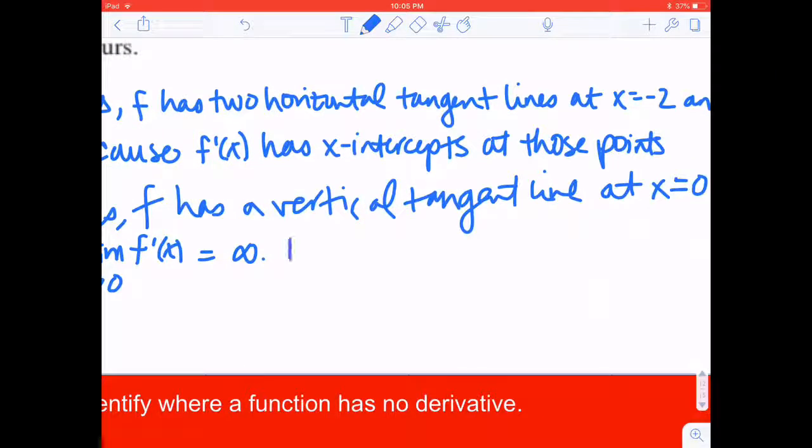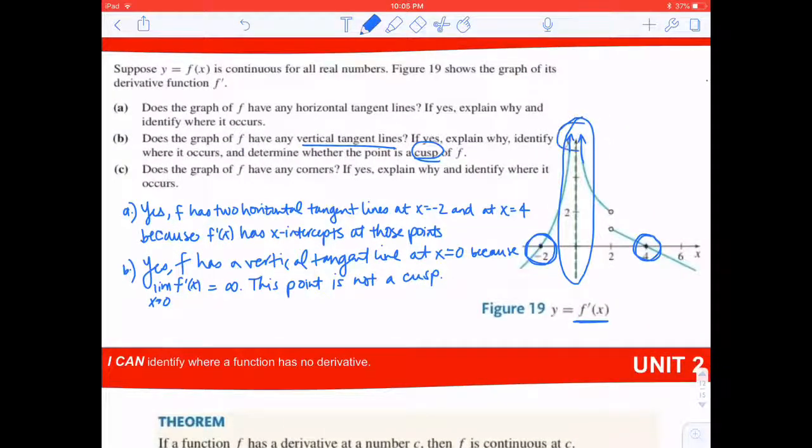This point is not a cusp. We know it's not a cusp because both sides are going up to positive infinity.